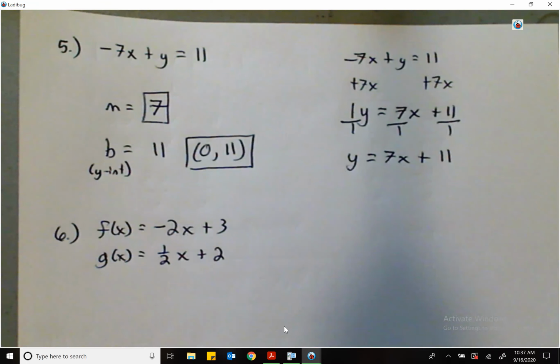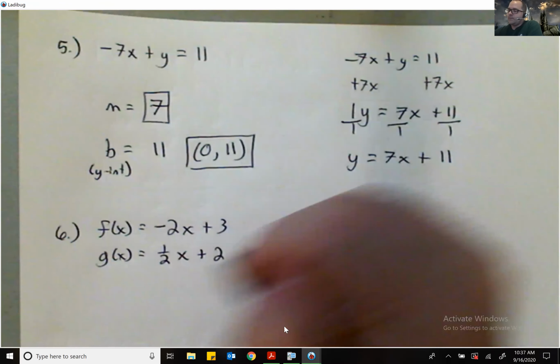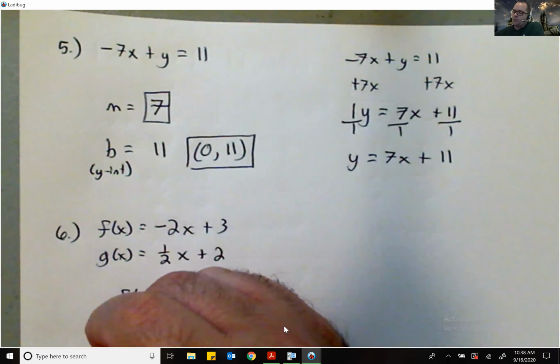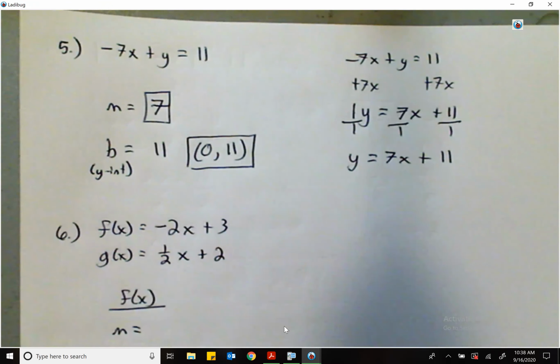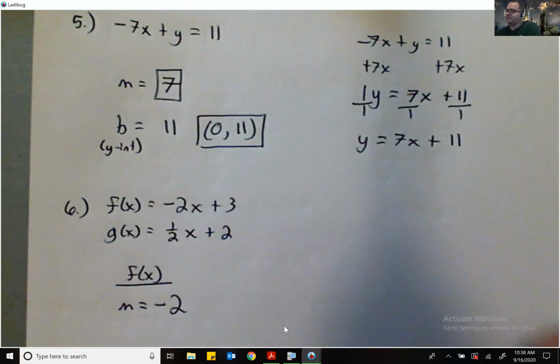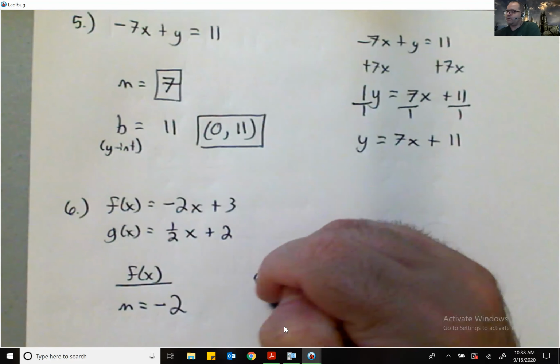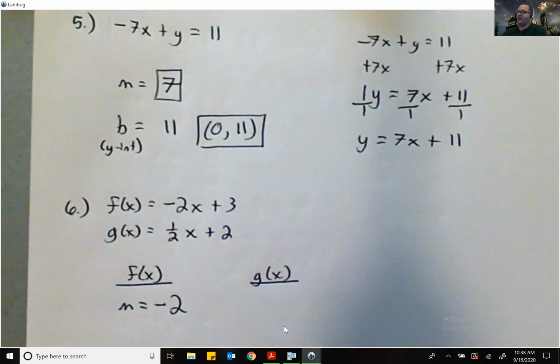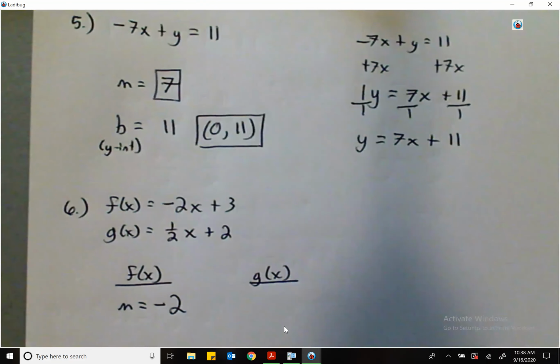We need to find the slope. We need the slopes. So what is the slope for equation f? -2. A negative 2. What is the slope for the g function? A half.